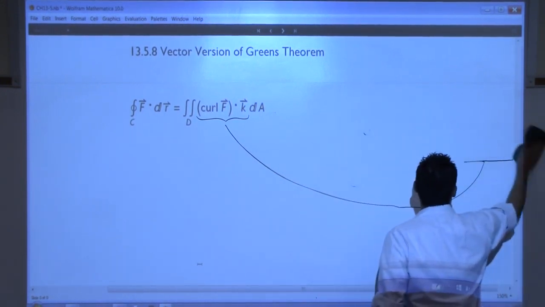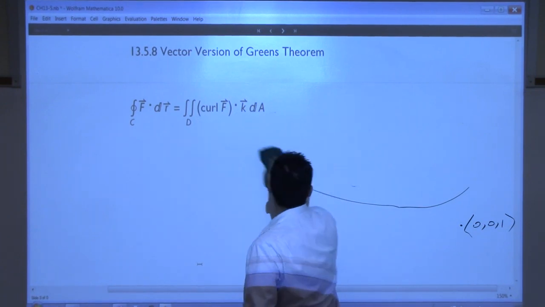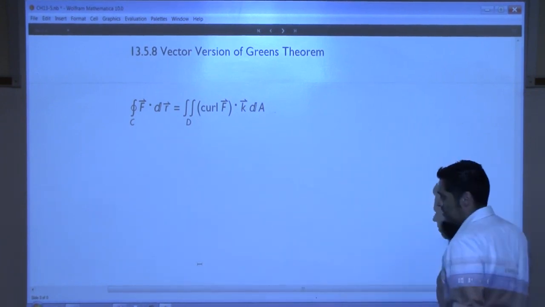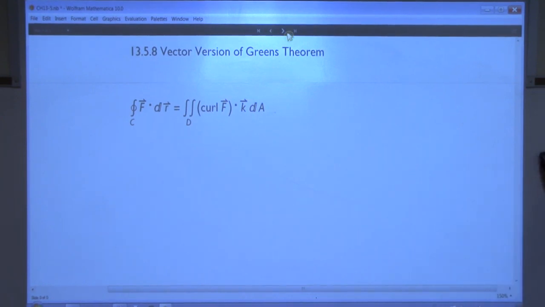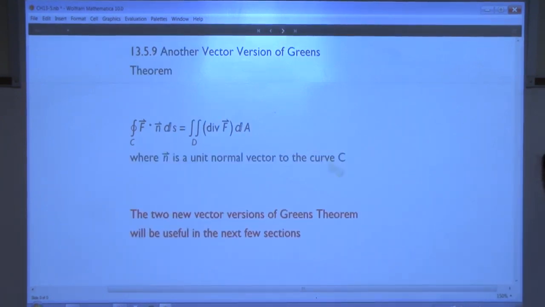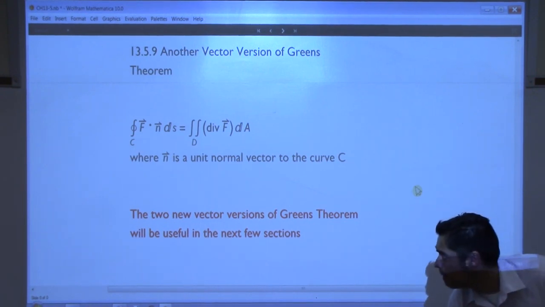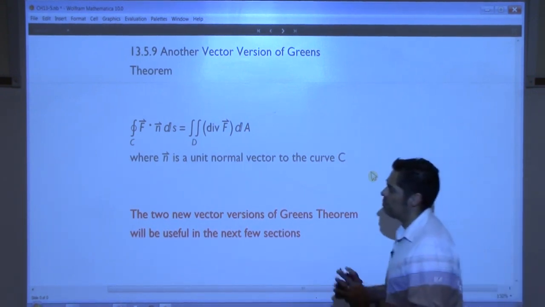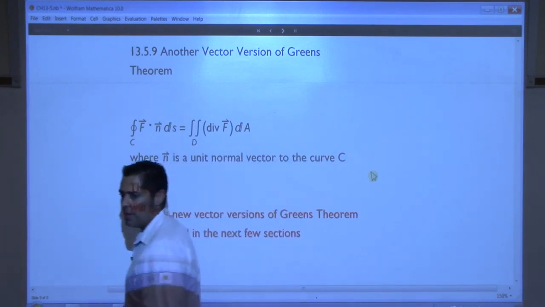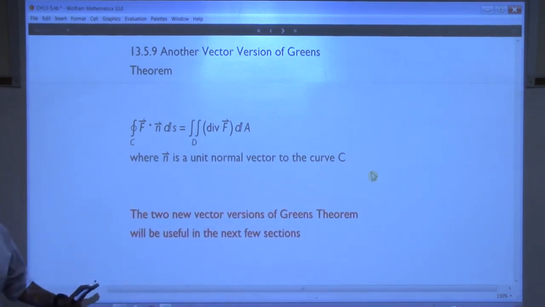That will come into play later. And the next one, for sure, is going to come into play later. It's another way of writing Green's theorem. All right? And for now, what I want you to do is just remember this is here. I'll refer back to it later. I don't want to derive this.